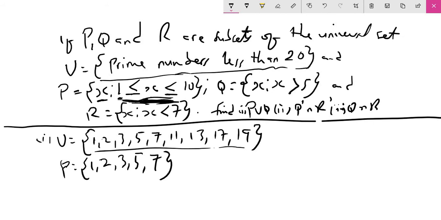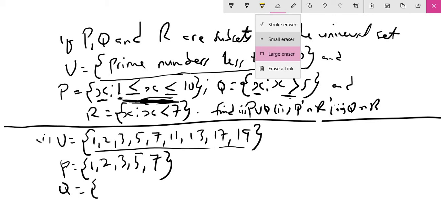Alright. Q first. The set Q is the set of all values of x such that x is greater than 5. Again, x must be greater than 5, so from above 5, that is 6 onwards. But again, it must be prime because the universal set contains only prime numbers.